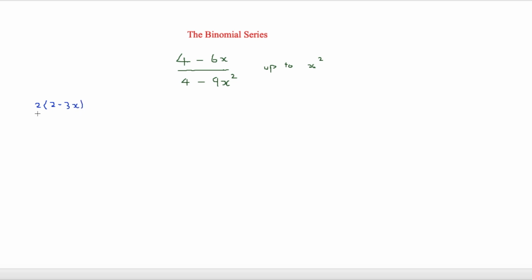And on the bottom, we can take out a 2 minus 3x as well, and then a 2 plus 3x. This is the difference of two squares.